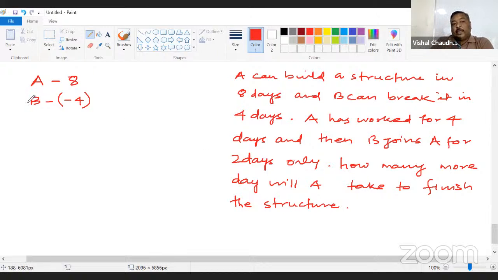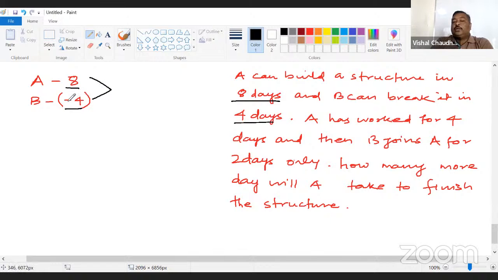Now see, A can build a structure in 8 days. So I am writing here 8. But B can break it. He is doing negative work. So I have taken negative part here. If he works, he will increase the time. So 8 and -4.